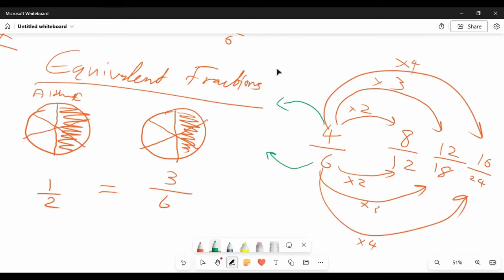We can divide by 2. Very good. So if you divide your numerator by 2, you have to do the same for the denominator, which is dividing by 2. So the fraction would be 2 over 3. Are you all clear with this?